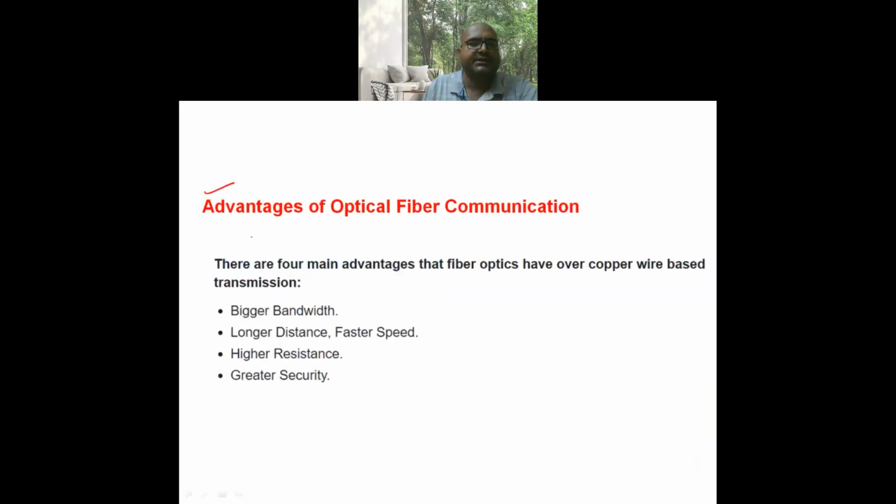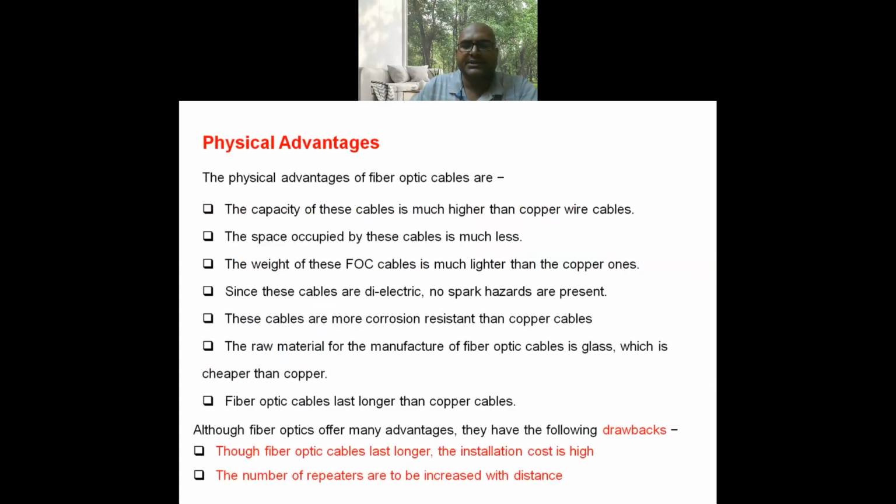Advantages of optical fiber communication. Just go through larger bandwidth, long distance, faster speed, higher resistance, and greater security. Dear students, just take a glance at the physical advantages of optical fiber cables.